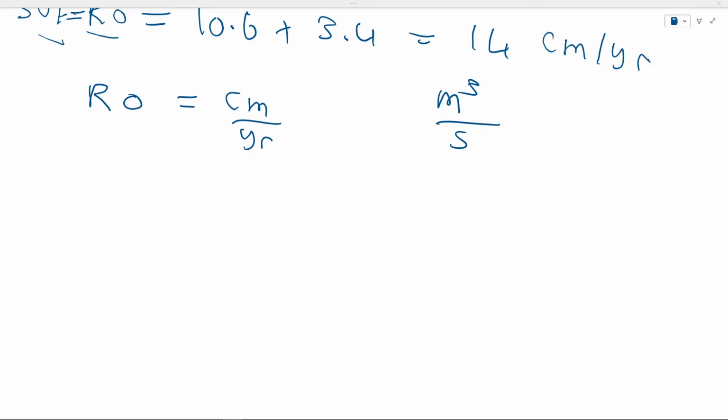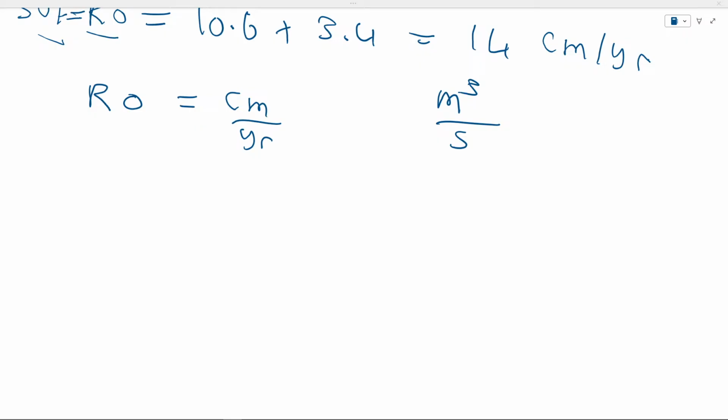So what do we need here? We need to change the centimeter to meter, and then we need to find it for the entire basin, so you need to multiply by the basin area.